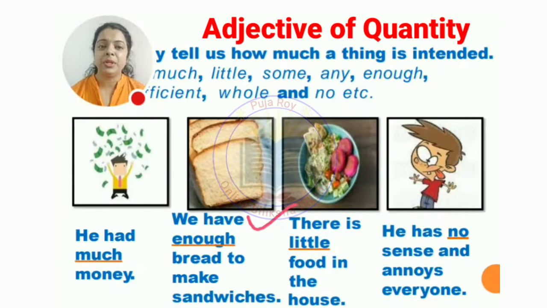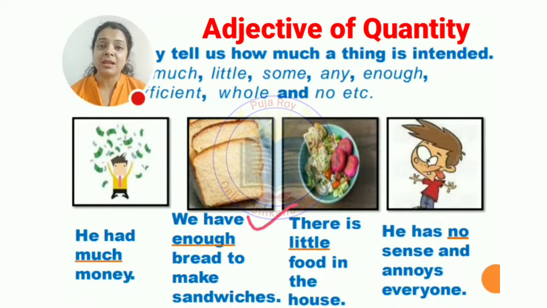Coming to the third one, there is little food in the house. Remember, food items are countable: chapatis are countable, and how many types of sabjis and veggies there are, they are countable. But food is taken as uncountable. So always remember, adjective of quantity is always used for uncountable things. He has no sense.